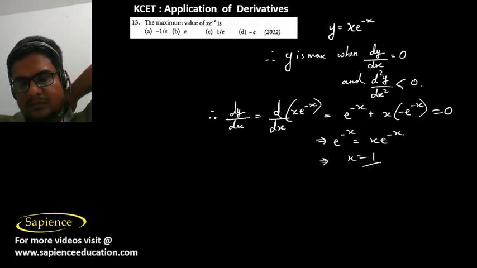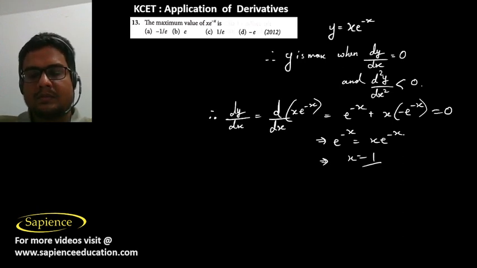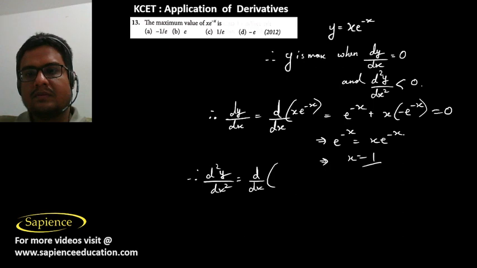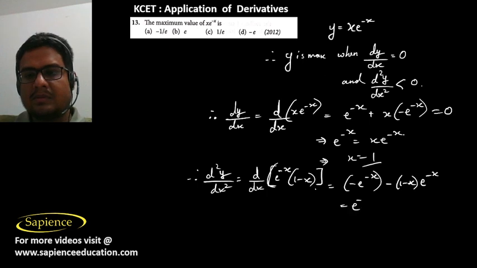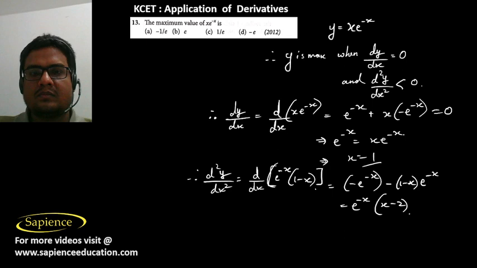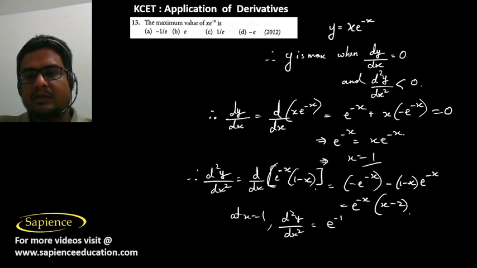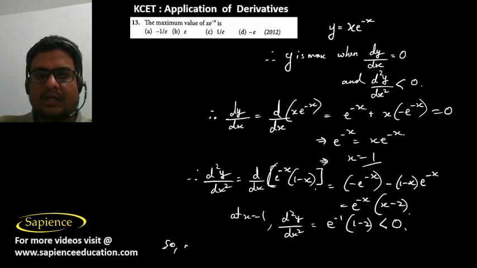And d square y by dx square is negative at x equal to 1, so y is maximum at x equal to 1.